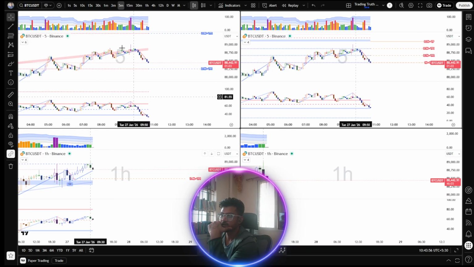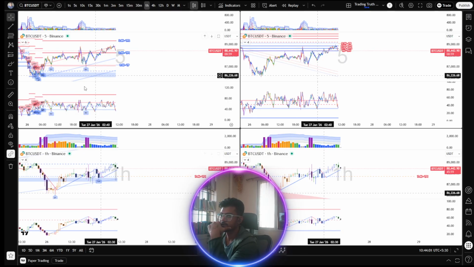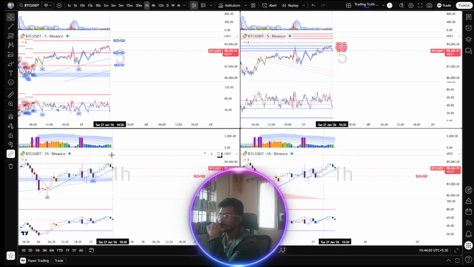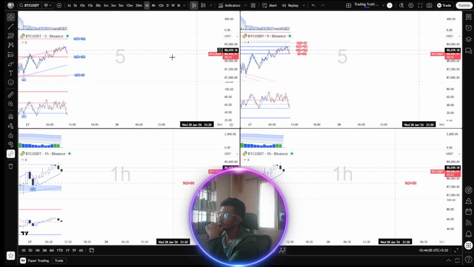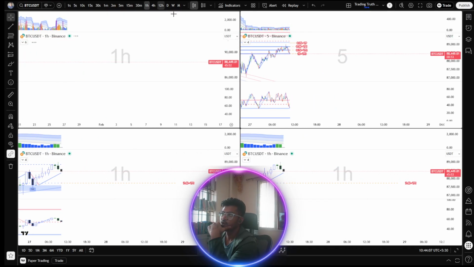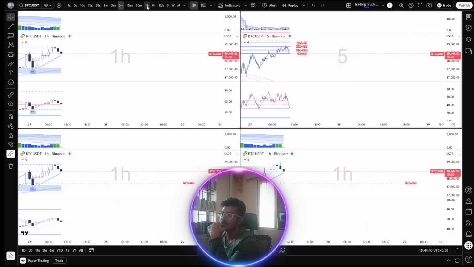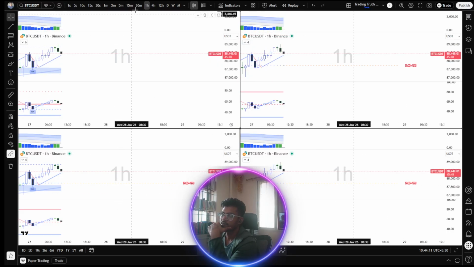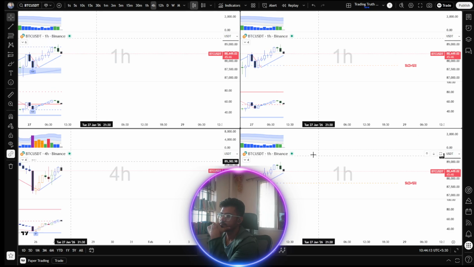When I zoom there, this will already get zoomed in. See, automatically this change happens. Let me change it to 1 hour here. This is 1 hour as well, and at the bottom I'm gonna put 4 hour.